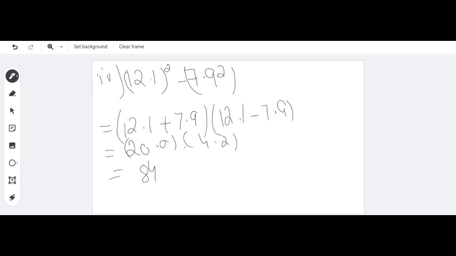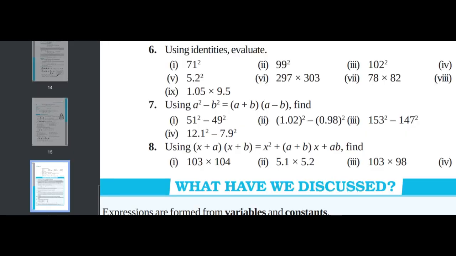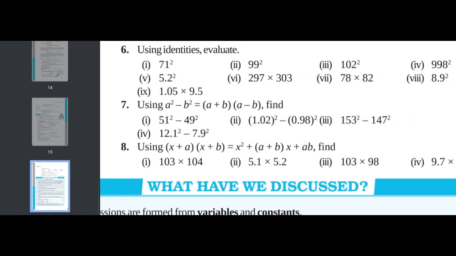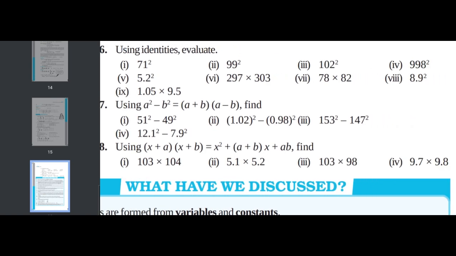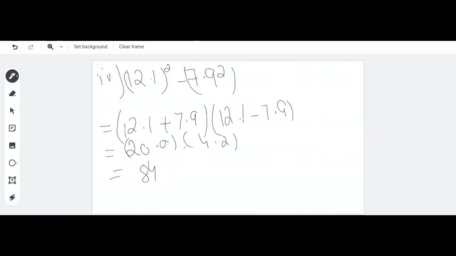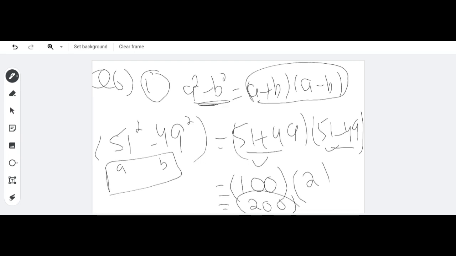Wait, right. Now I will do the 8th part. The 8th part is the simplest part, again the same formula. I will do the fourth decimal part. One minute. Can you go to the back page? I was writing it. This one?